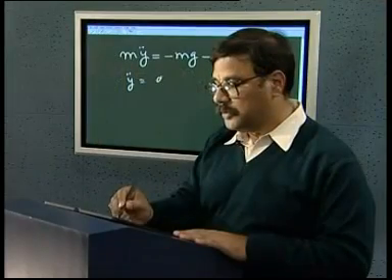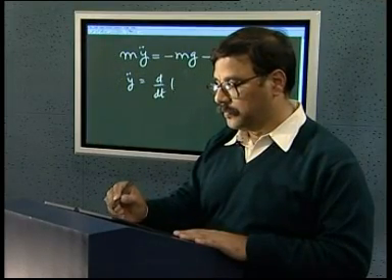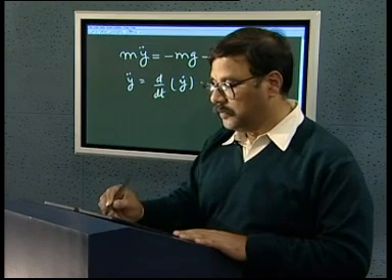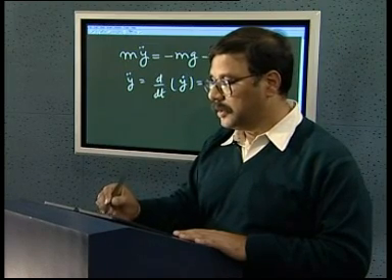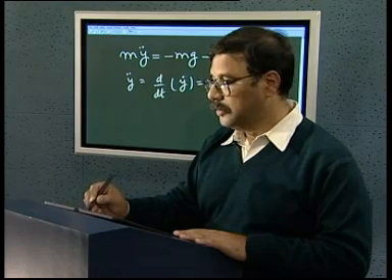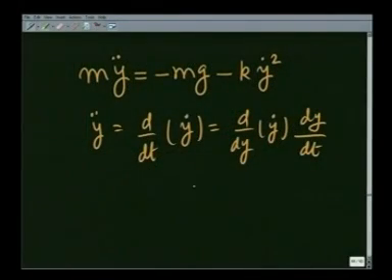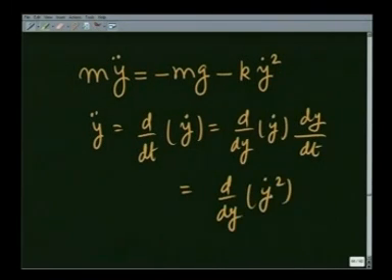While the particle is moving up, I write m y double dot equals minus mg minus k y dot square, and I go back to my technique of writing y double dot as d over dt of y dot, which is same as d over dy of y dot times dy dt, which is same as d over dy of 1/2 y dot square.